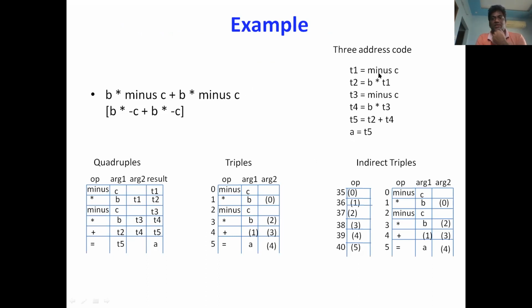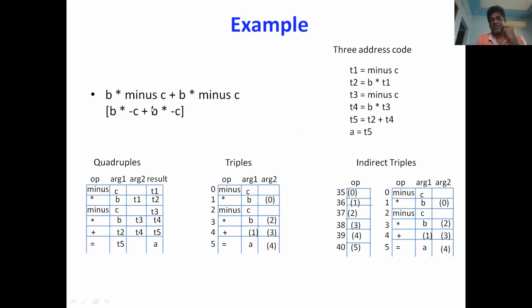Minus c will be represented as t1, and then b into t1 is represented as t2, and t3 is going to be minus c, the second one, and t4 is again going to be b into t3. t5 is equal to t2 plus t4, and finally a is equal to t5.